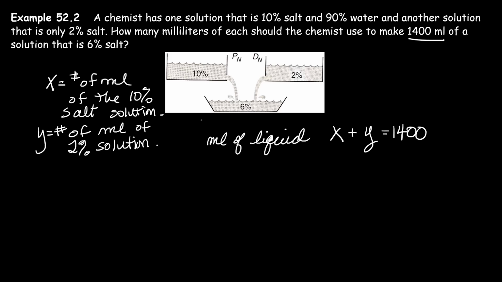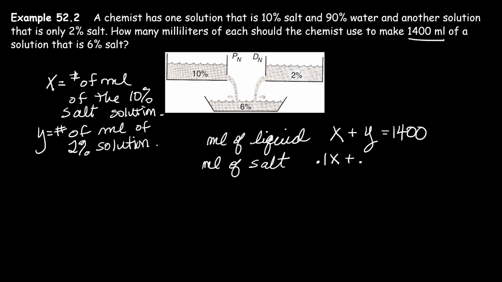All right, now I'm going to write an equation about milliliters of salt. 10% of X milliliters will be salt, because that's a 10% solution. So 0.1 times X, that's going to be salt. Of the Y milliliters, 2% of that is going to be salt.